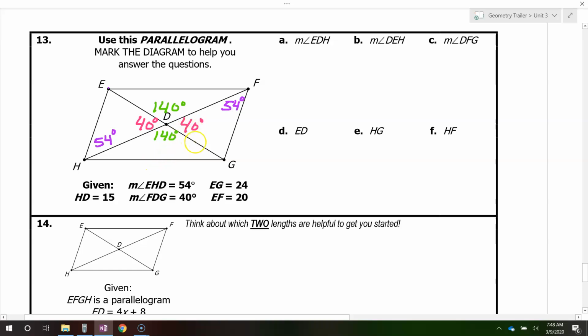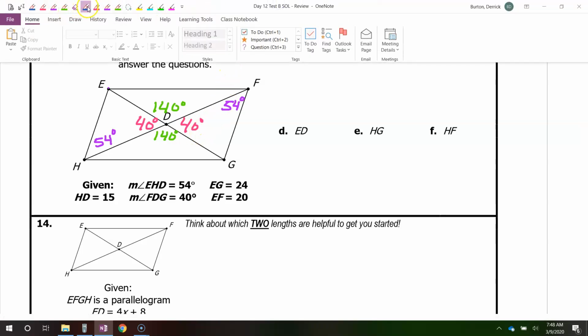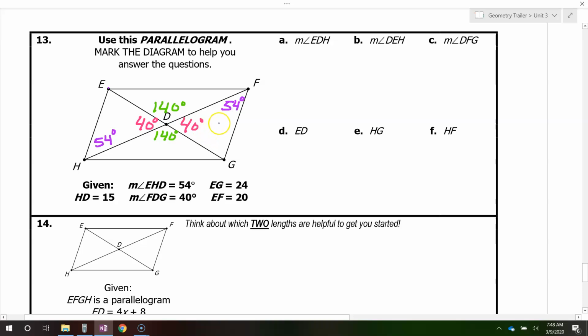Now, one other thing. We know that the sum of the angles in a triangle make 180 degrees. In this triangle over here, I have two of the three angles, so I should be able to find the third by subtracting from 180. 40, 54.